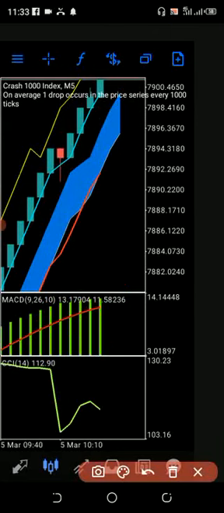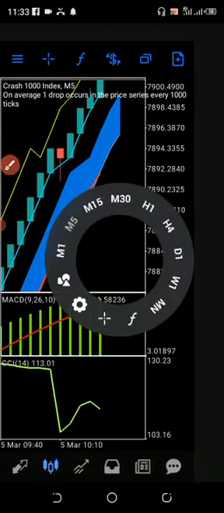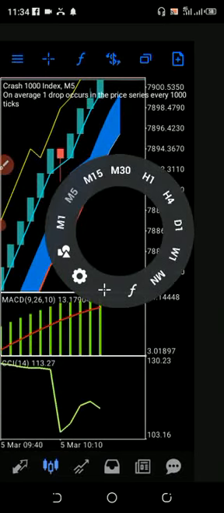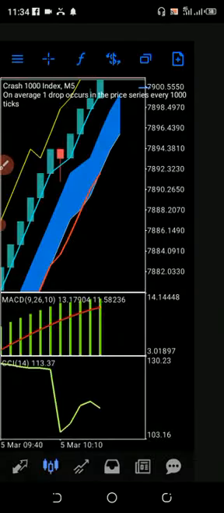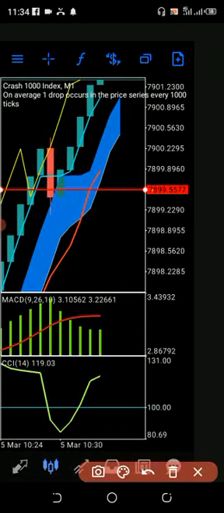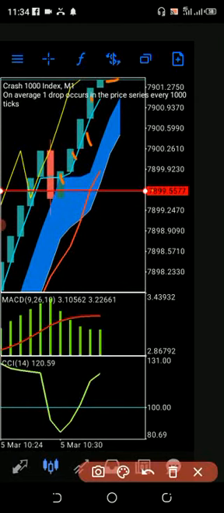Okay? Now, you take your horizontal line on your 5 minutes time frame. You drop it below this for you to be sure. Then you go to that place and count 1, 2, 3, 4, which means this one is the 5th one. What do you do? You enter trade.